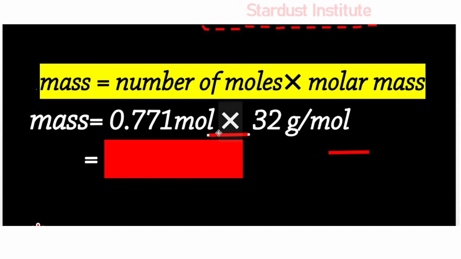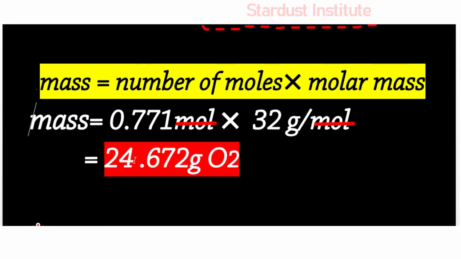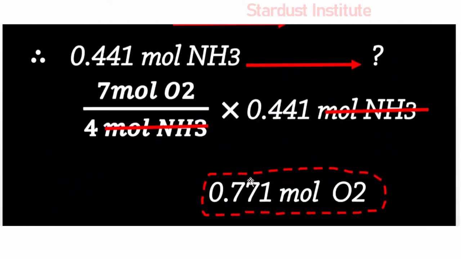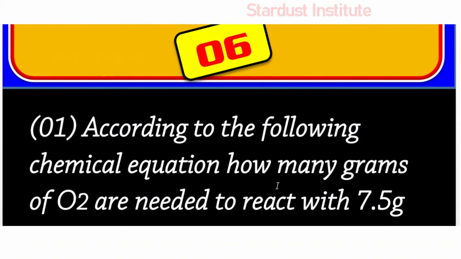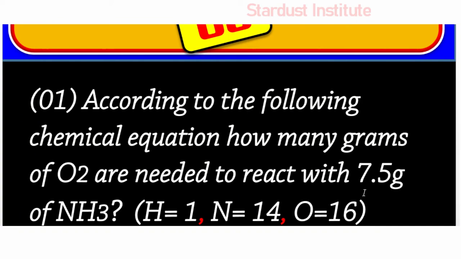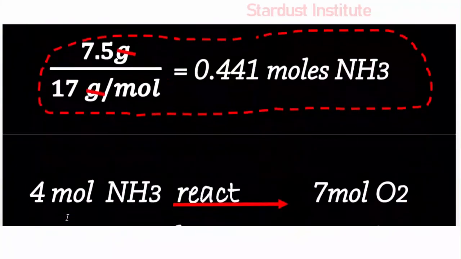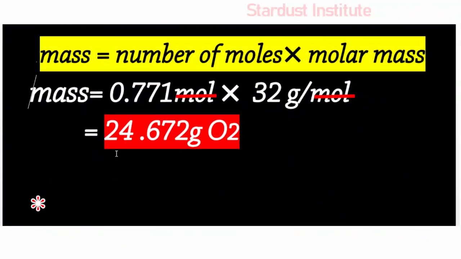We can cancel out mole. Our answer is 24.672 grams of O2. To react with 7.5 grams of ammonia, 24.672 grams of O2 are needed.